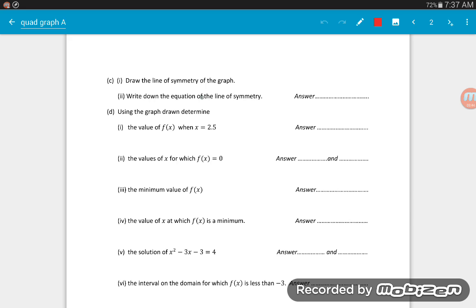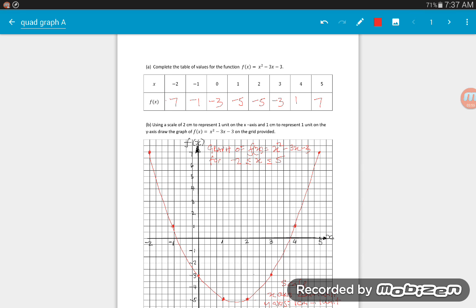We want to first draw the line of symmetry of the graph and write down the equation of the line of symmetry. Well, this looks like our line of symmetry. It's the line that divides the graph into two equal parts.